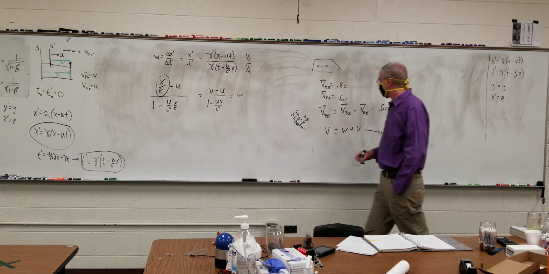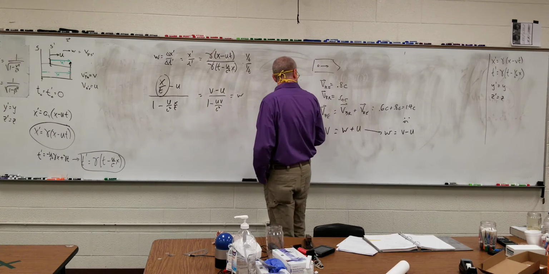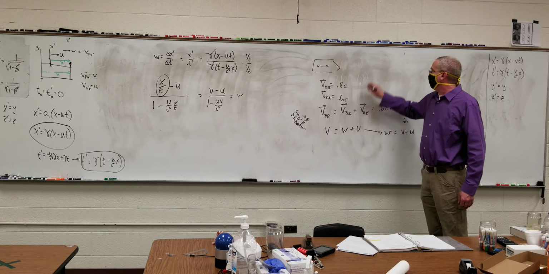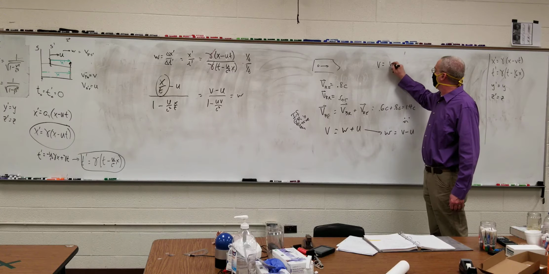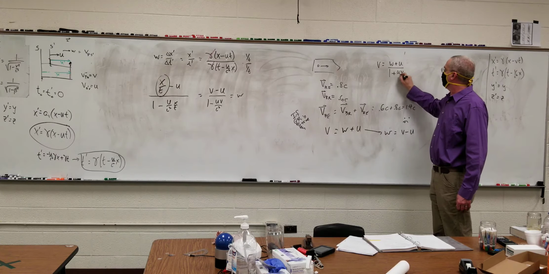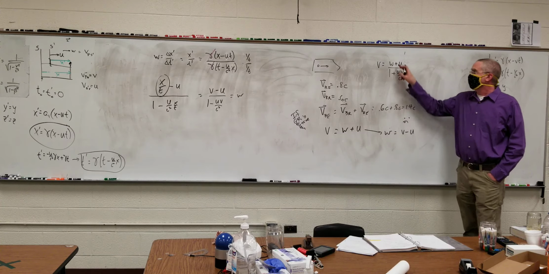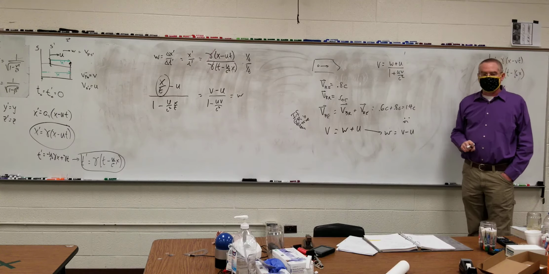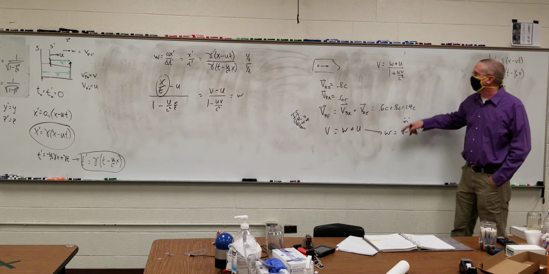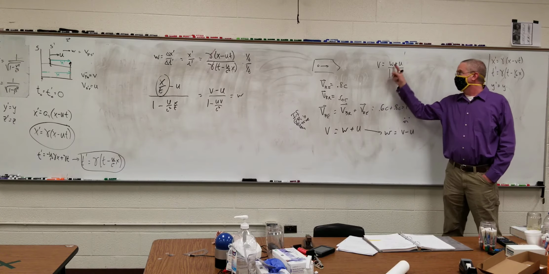So if I wanted to solve this problem, I have v is equal to w plus u divided by 1 plus uw over c squared. Again, signs are the same, and the two I'm working with are the same two I work with in Galilean relativity, and because it's plus here, it's plus here.